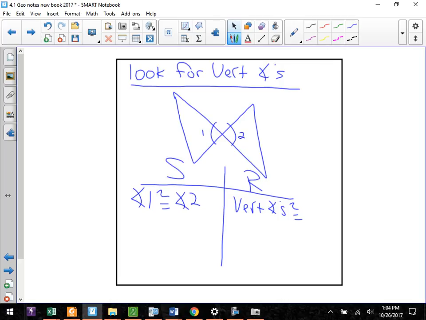BC, CD, right? Reason: definition of midpoint. C is the midpoint of AE, I'm sorry, not AC. AC, CE. Do you see anything else that's congruent? What can I infer from my diagram, though? Look for vertical angles.